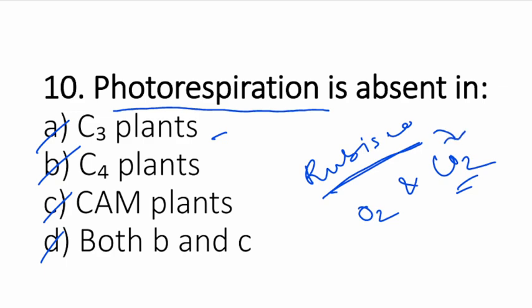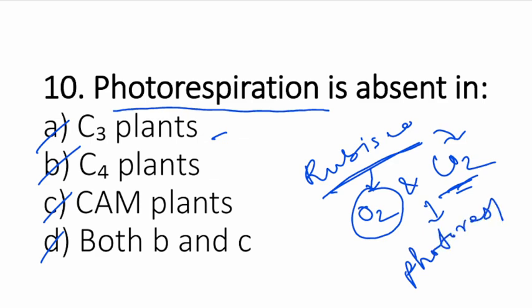But sometimes, due to concentration gradient, it fixes O2 instead of CO2. That ultimately goes to a cycle called photorespiration. So to avoid this photorespiration, plants have evolved certain mechanisms.